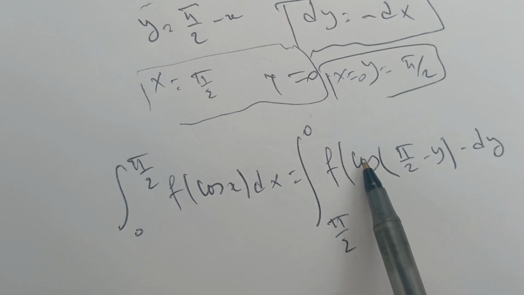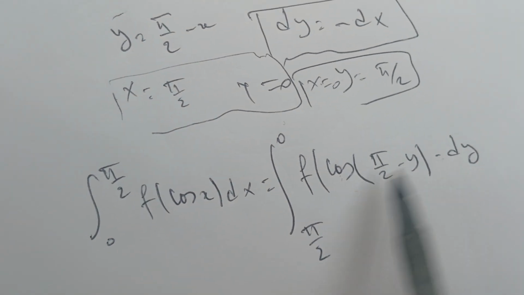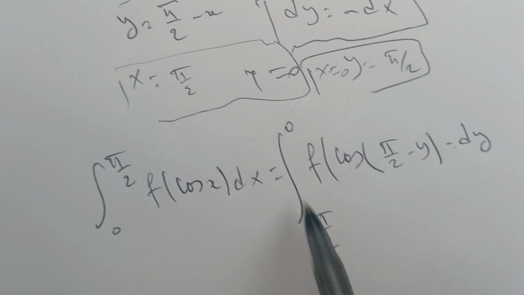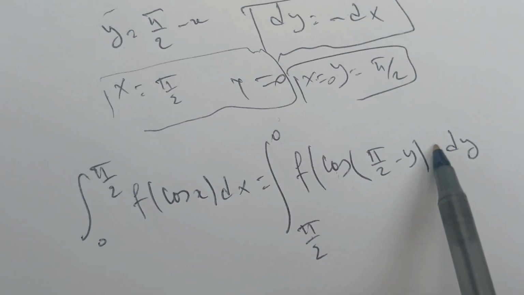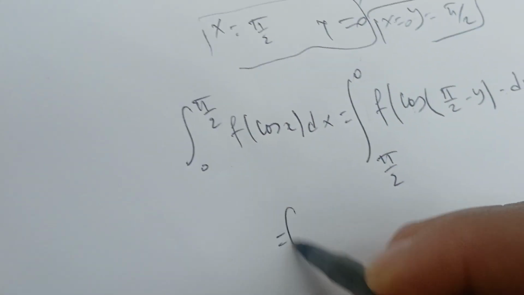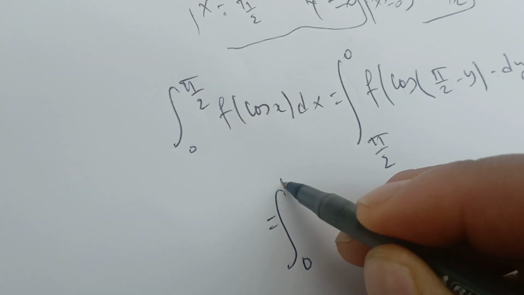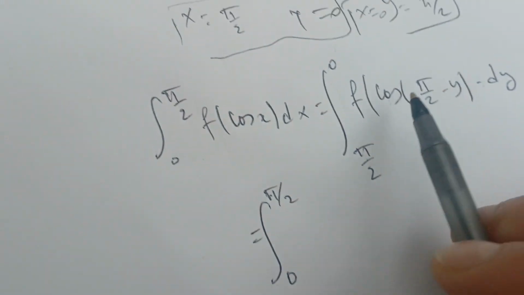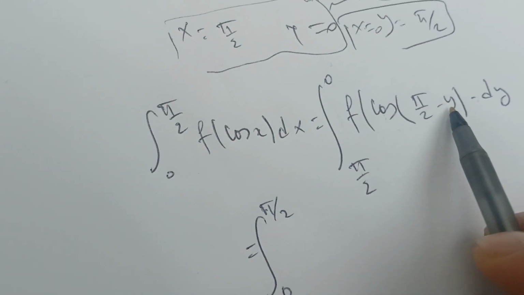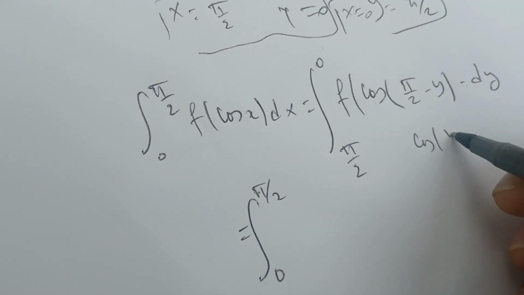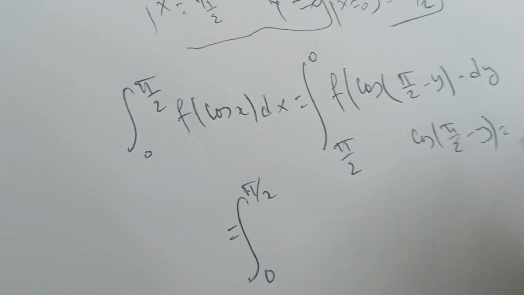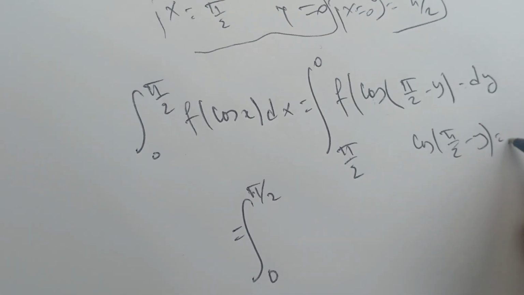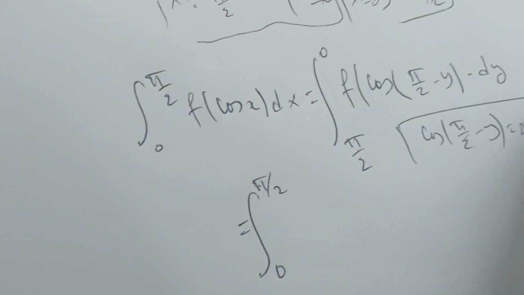Now I can use the minus to flip the bounds of this integral. The minus sign here is going to let me flip the bounds. So the integral between 0 and pi over 2 of f of the cosine of pi over 2 minus y. What's the cosine of pi over 2 minus y? This is just sine of y.